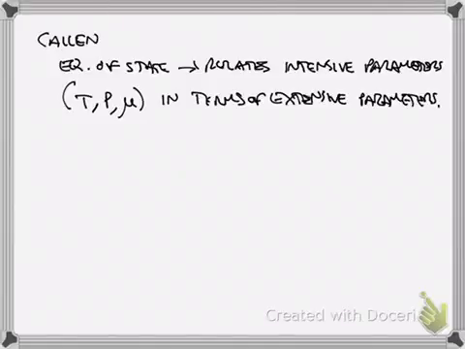Now, by that definition, the ideal gas law doesn't fit, right? But what would fit would be if we were able to write down something like the temperature is a function of energy, volume, and particle number.